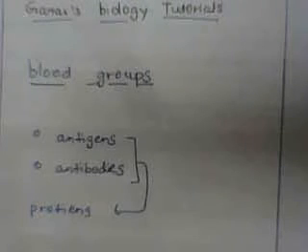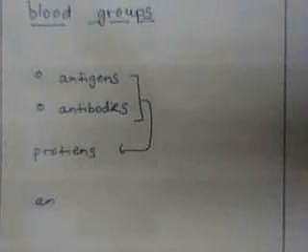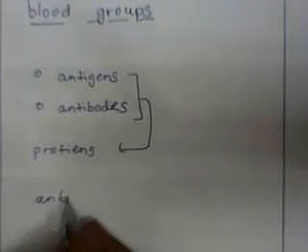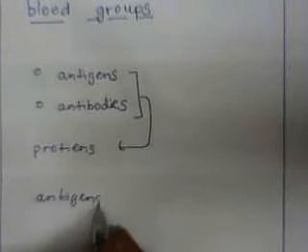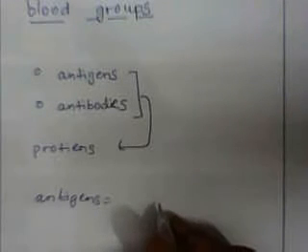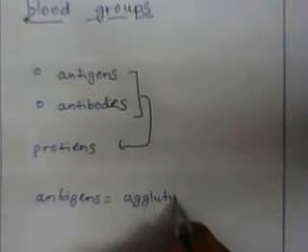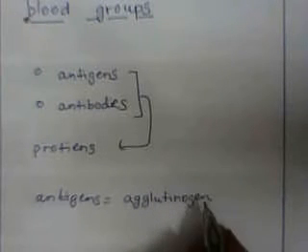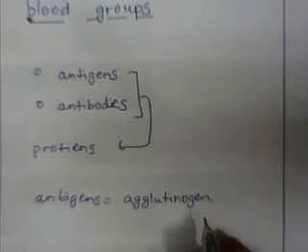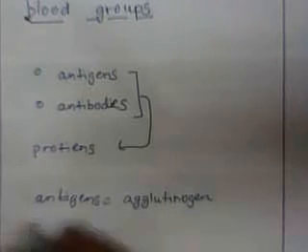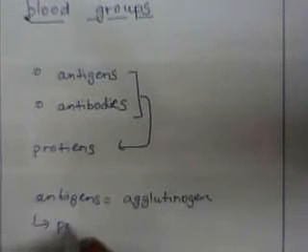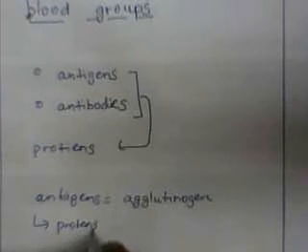So antigens are also known as agglutinogen. These are proteins which are present on the surface of red blood cells.